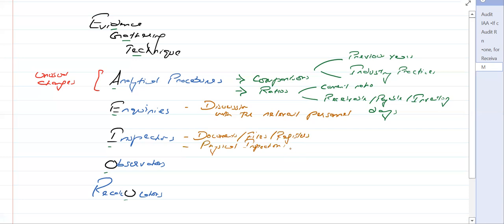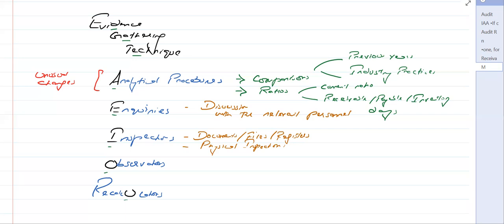So documents, files, registers, inspecting the signatures, even sometimes, to confirm the board approval regarding some matter, for example. So documents, files, registers, physical inspection, but make sure we are talking about the substantive procedures now. And everything which is being called substantive procedure should be related to the financial statement. Because if you're relating it with the system, that is going to become the test of control.